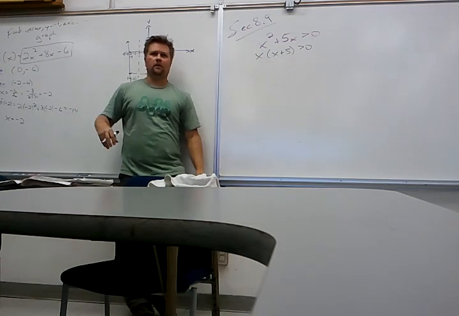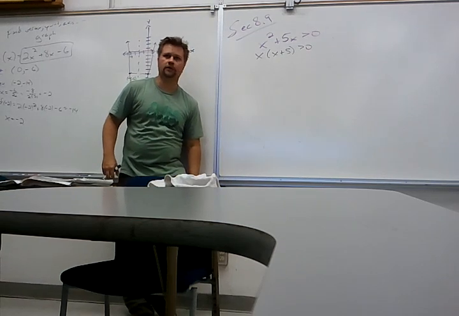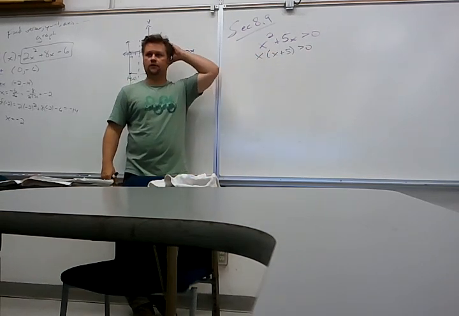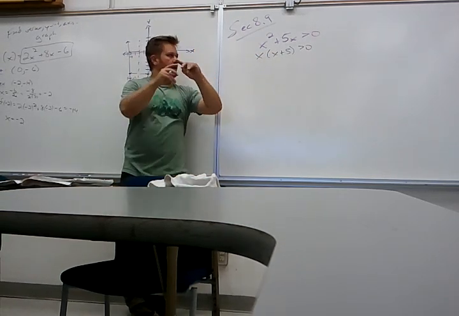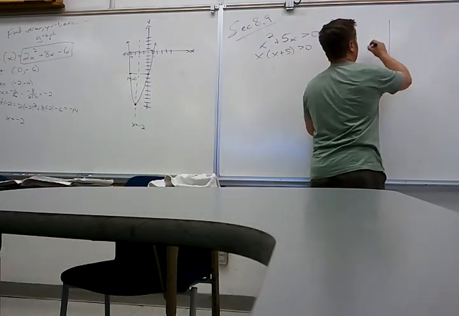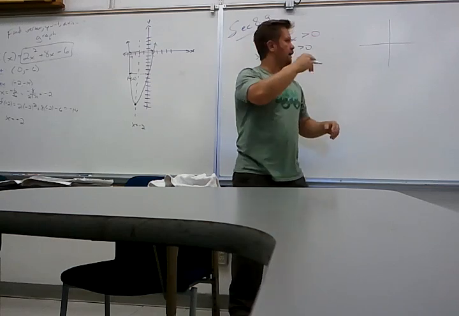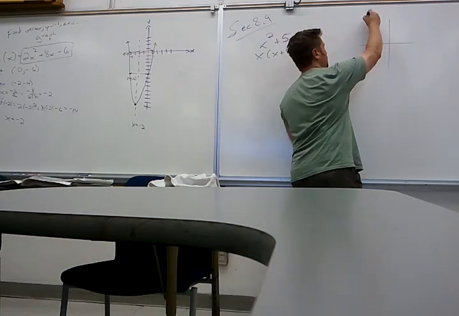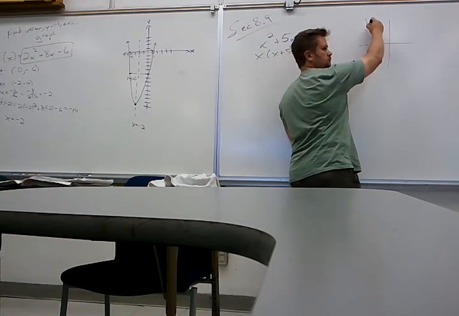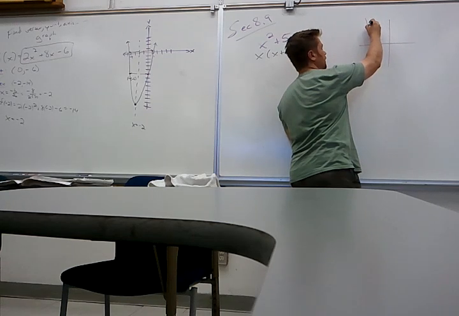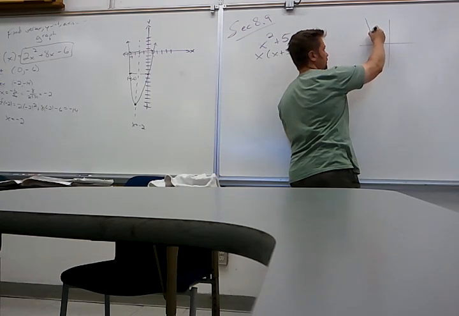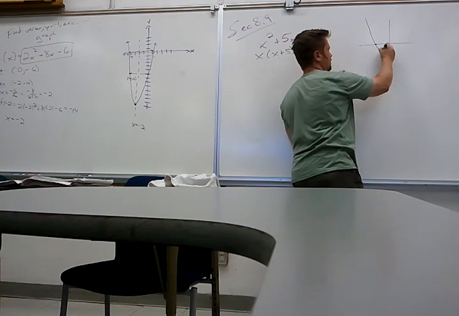So I think maybe you're in my boat now that I don't want to do it that way, right? There's a much better way to do this. When I've got a graph of a parabola, when will it change sign? So if I have a graph that's opening up, it's positive here, right? It's not going to change sign until it hits its zero, and then it's going to change sign again.